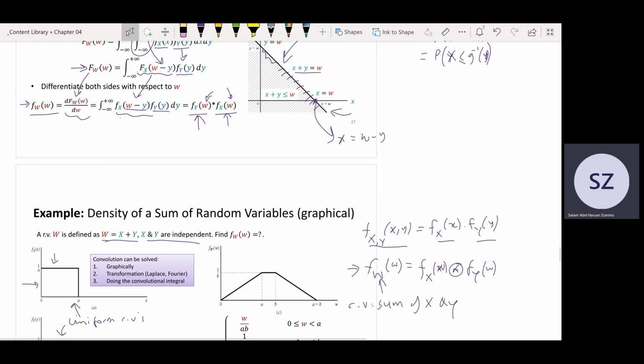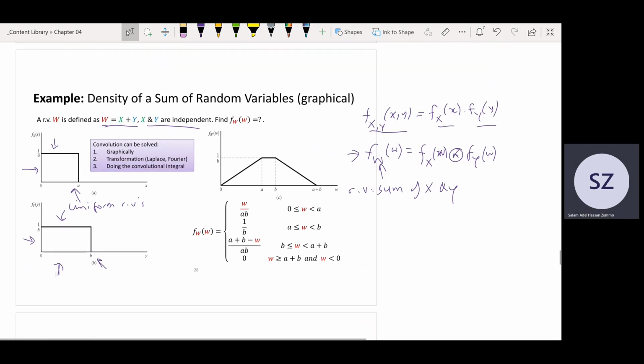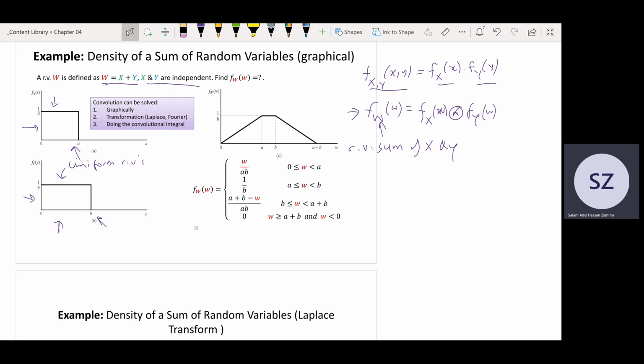You take one of them and multiply it by the other after flipping and shifting. So, for example, we take fX as it is and take fY, flip it, and start shifting it. We shift by w, and every time we multiply.